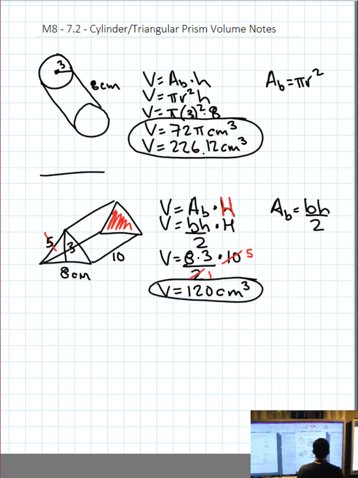Great. So we've taken a look at a cube, a rectangular prism, a cylinder, and a triangular prism. Keep in mind, they might do composite shapes. They might put a triangular prism on top of a rectangular prism to have a house. Let's draw that.